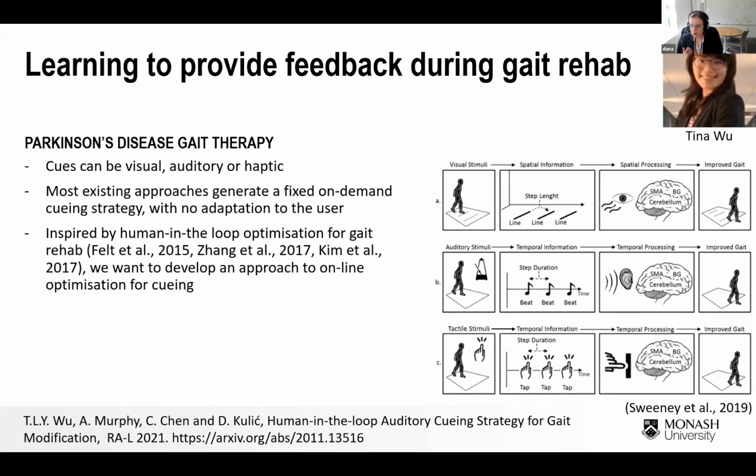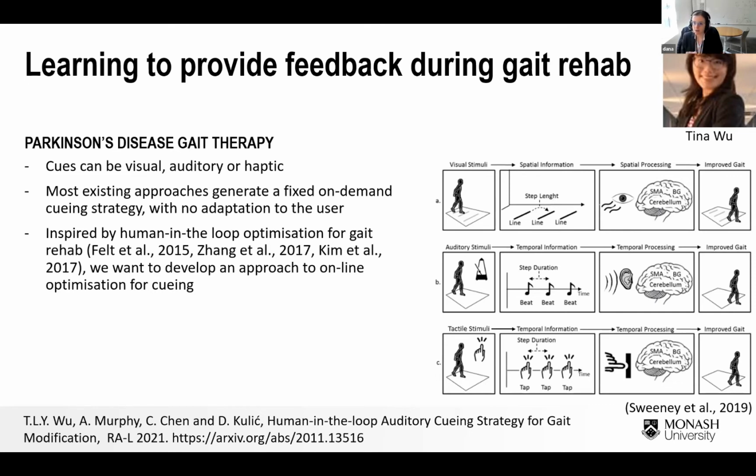But there's been a lot of recent work looking at human-in-the-loop optimization for gait rehab for other conditions. And we were interested to see whether doing actual individual optimization to the user would result in better performance.